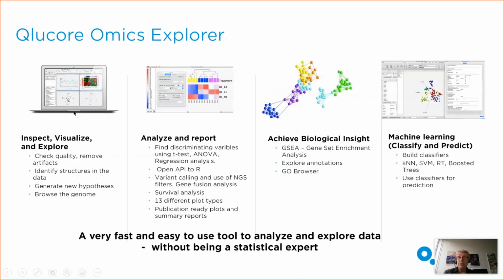For instance, we can visualize your data, and that can help you to find outliers, to detect structures, new groups, and maybe generate a new hypothesis to find new things in the data. You can also analyze data using a number of different statistical tests to help you find discriminating variables, and you can present your results in a number of different plot types.